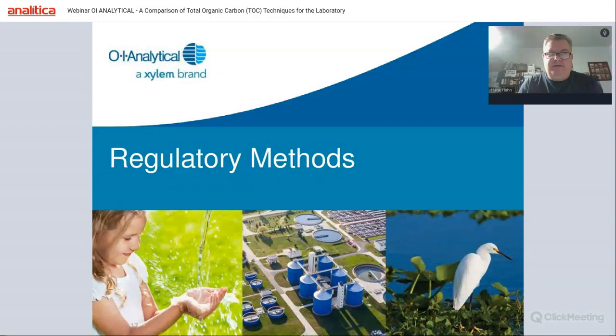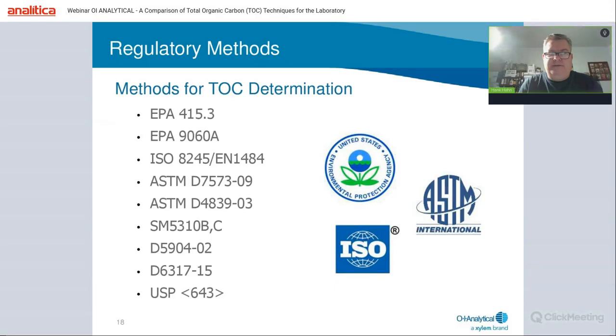So we'll talk a little bit about the regulatory methods that are available. There's EPA 415.3. That is a method for TOC analysis, and while it doesn't call out a particular oxidative technique, it lists all the different ones that can be used under this.